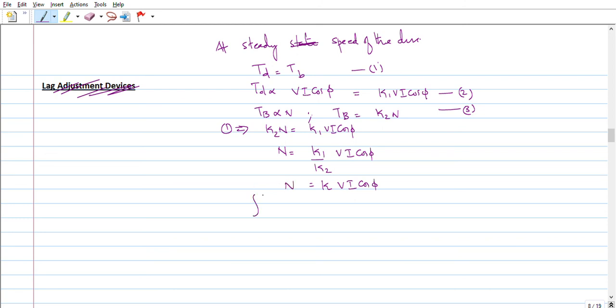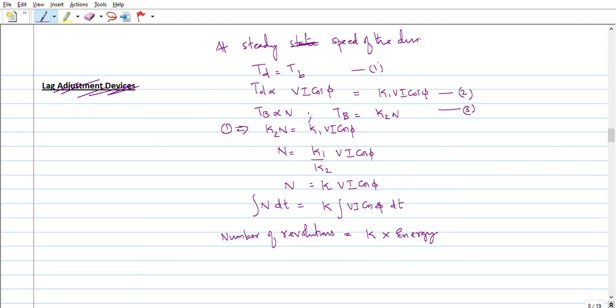Integrating both sides, integration of N dt is equal to K into integration of VI cos phi dt. The integration of N means the number of revolutions. And the integration of power is energy, so it is K into energy.